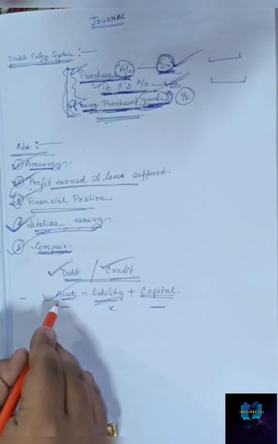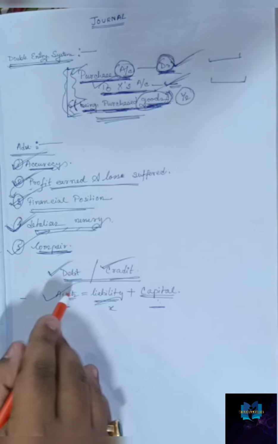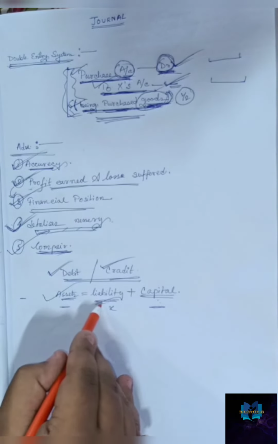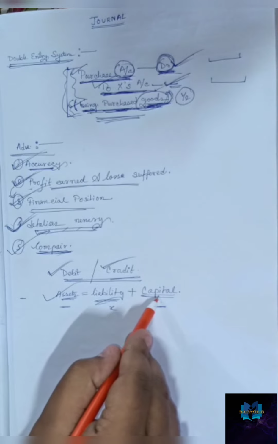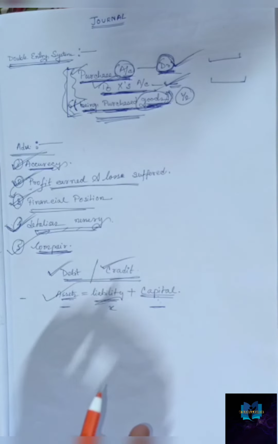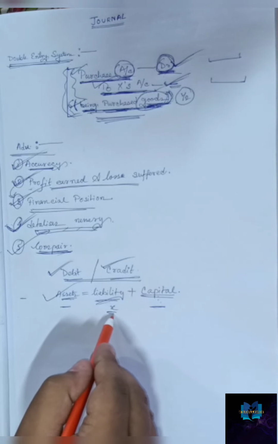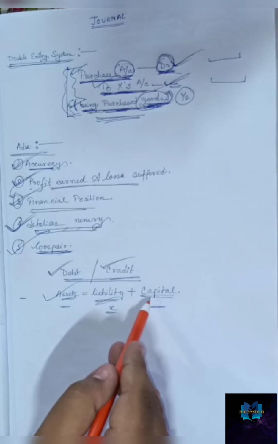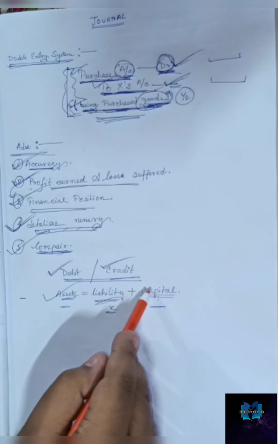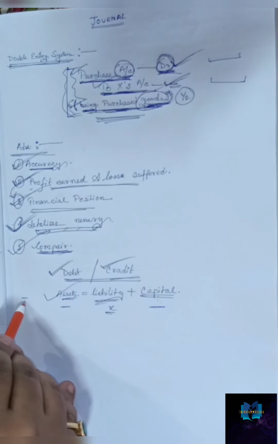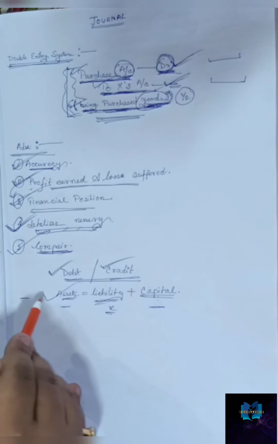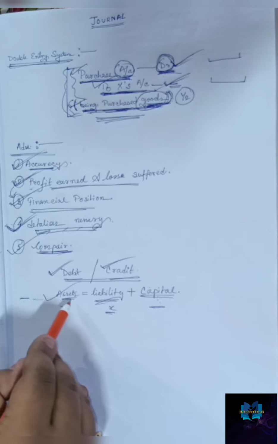What is the amount of the asset? We need to add liabilities plus capital. And if the question asks what is the amount of the liability, we just need to take the capital amount to this side, so it will be in negative form: asset minus capital.